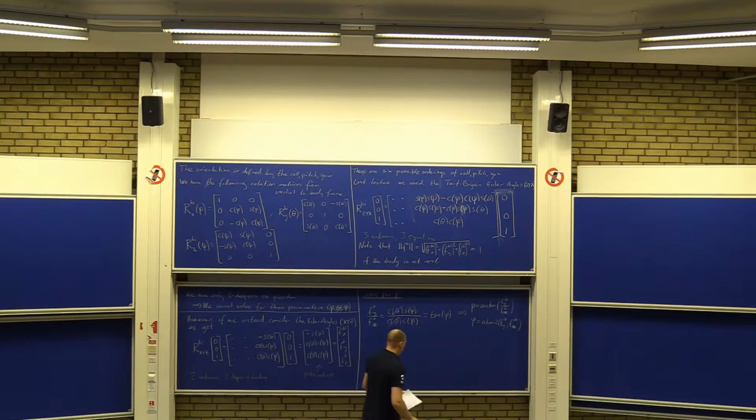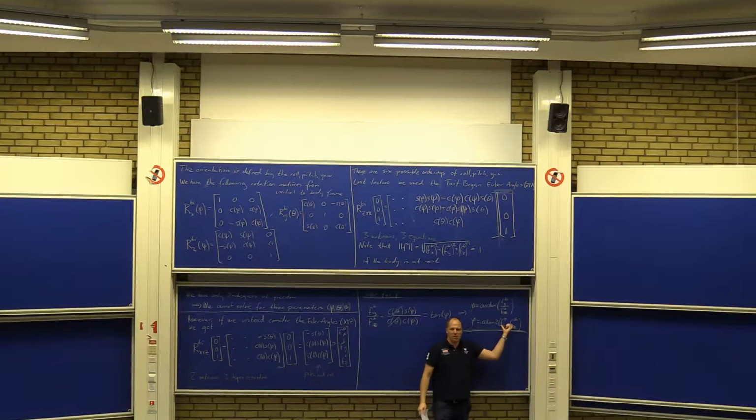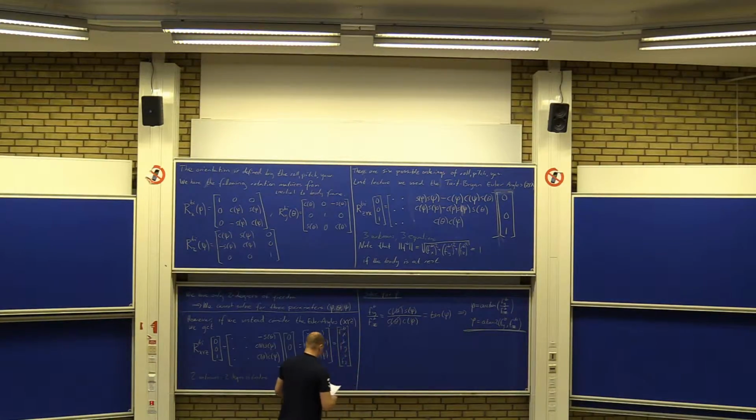So this is important now, because just by what we measure from the accelerometer, we can get an estimate of this angle here, which is the roll angle, right?